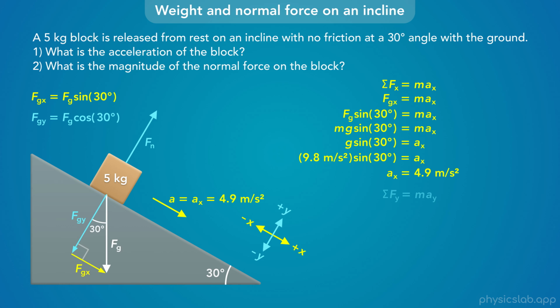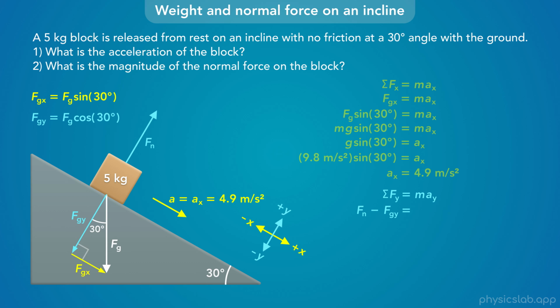The second question is asking for the normal force, which is in the y direction, so let's apply Newton's second law in that direction. The net force in the y direction is equal to the mass times the acceleration in the y direction. The net force would be the normal force minus Fgy, because the normal force points in the positive y direction, and Fgy points in the negative y direction.